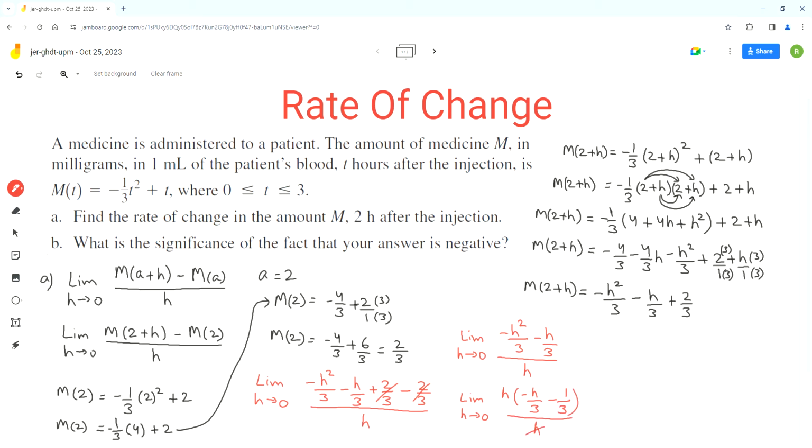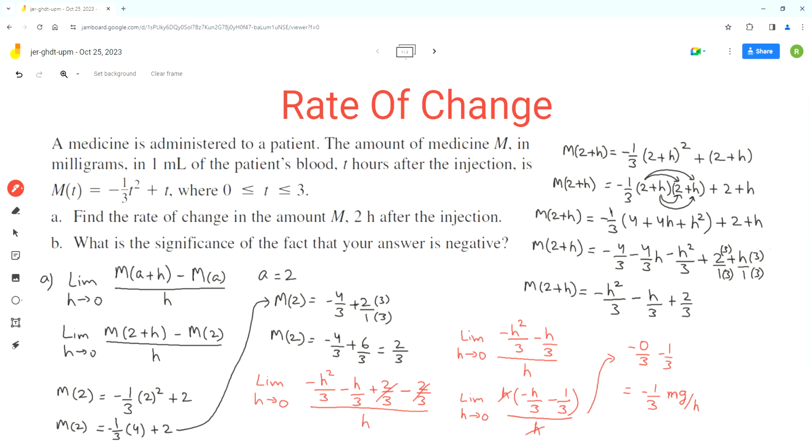Now we can cancel out the h's, the one in the denominator and the one we factored out, and we can now apply the limit. So we get negative 0 over 3 minus 1 over 3, which is equal to just negative 1 over 3. So this is the rate of change for this given function. Now the unit will be milligram per hour. So this should be the final answer for part A.